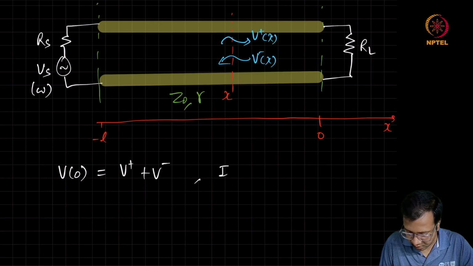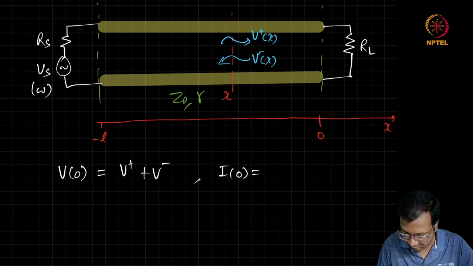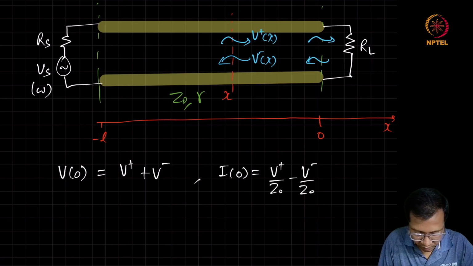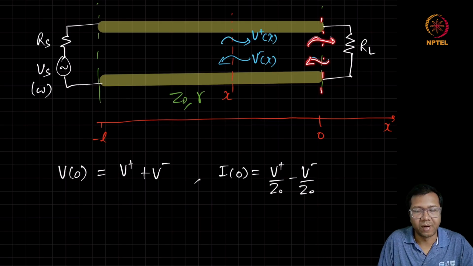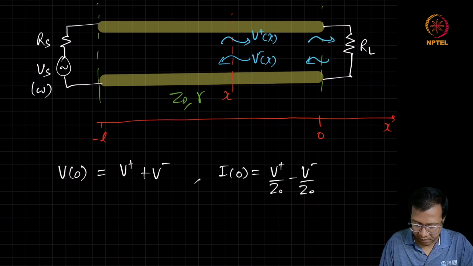Similarly, we can define the current as V plus by Z0 minus V minus by Z0. Two waves on the load side, and it looks like at the load side, the forward traveling wave in the positive x direction gets reflected and becomes a reverse traveling wave.